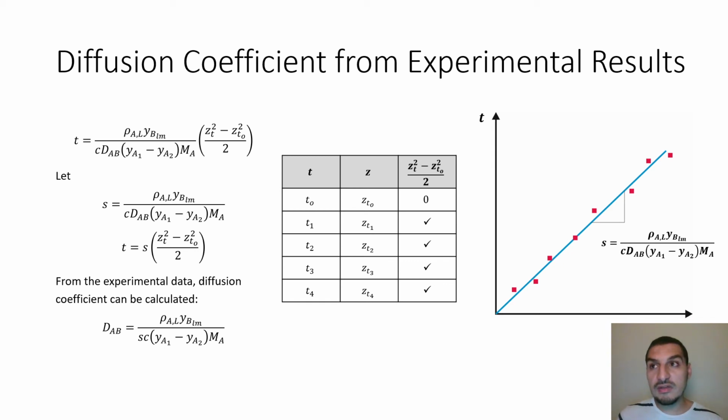So this is a valid question, and the important point is this: if we assume that you can do this, then let's say somebody picks these 2 points to calculate the diffusion coefficient. The value of S that he gets is t divided by this bracket, which is the slope of this graph.